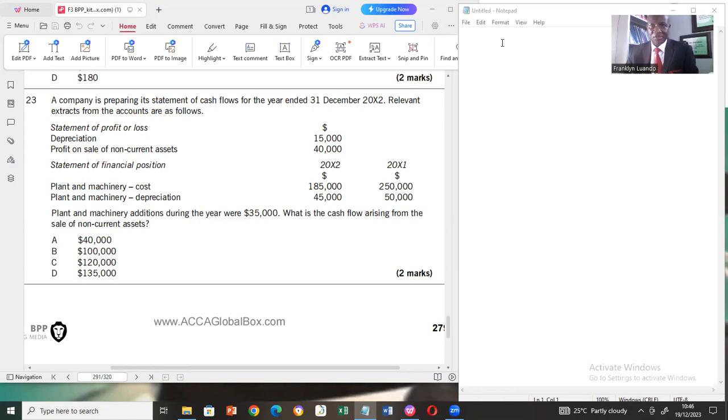The purpose is to determine either the cash outflows from the purchase of property or the cost or carrying value of the asset that has been sold.